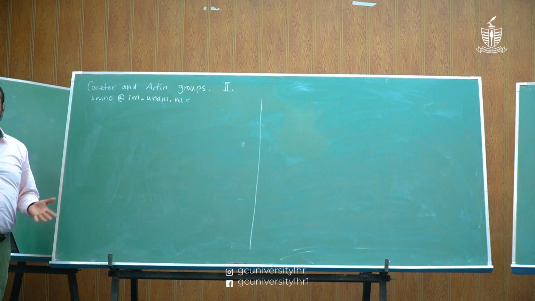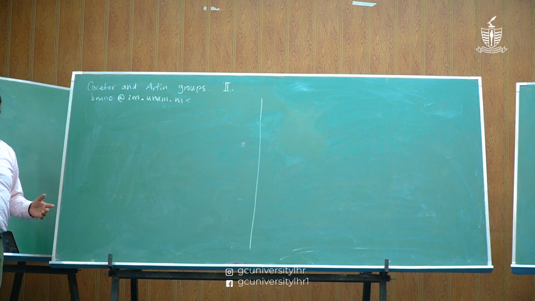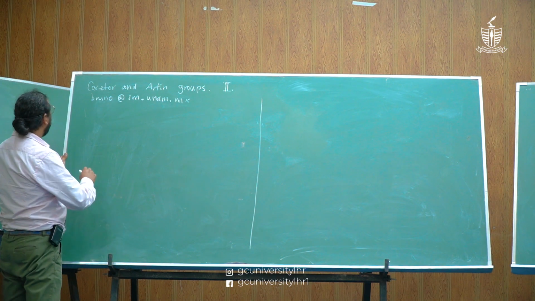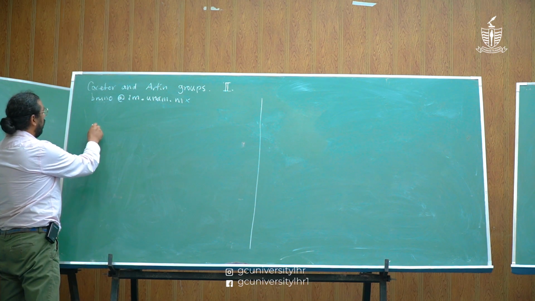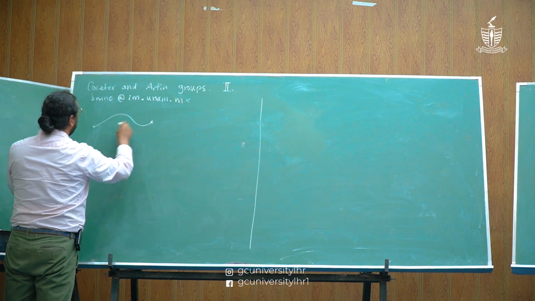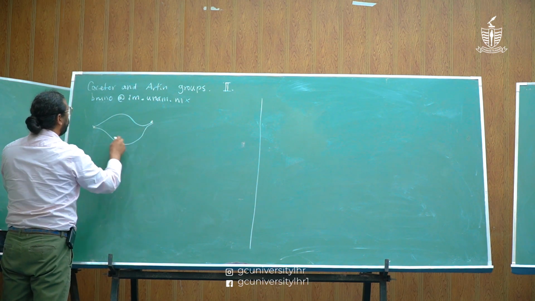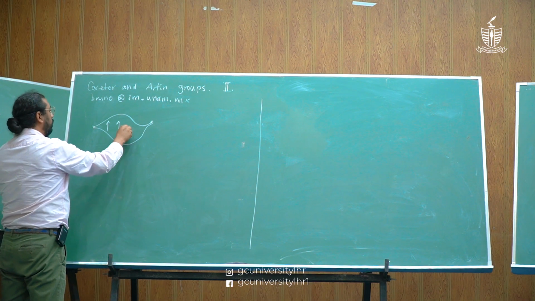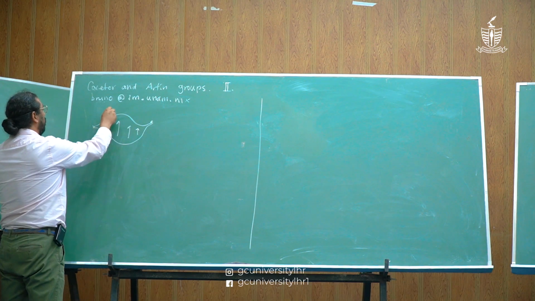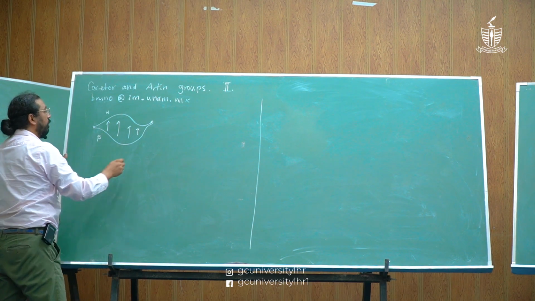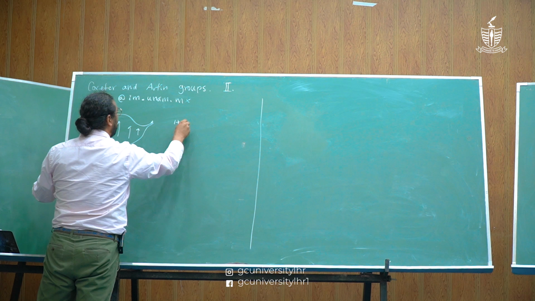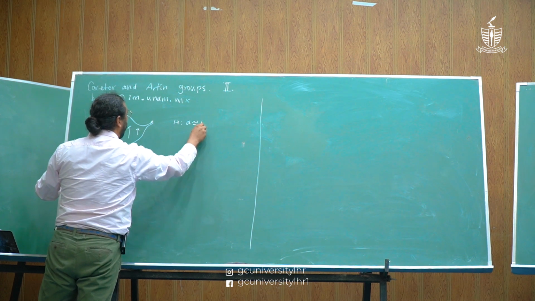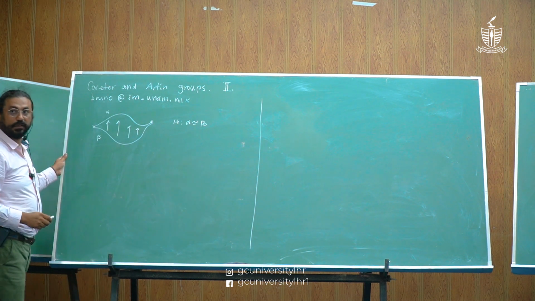So yesterday we saw what is the fundamental group, right? We say that if we have one curve, and if we have two curves, for example, and we can deform the one into the other, alpha and beta, then we say that we have a homotopy, right?